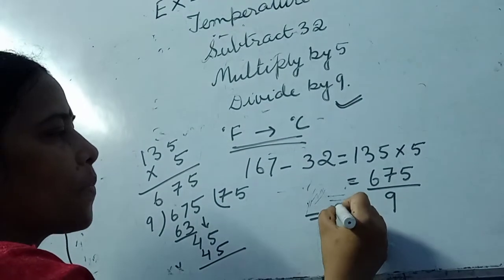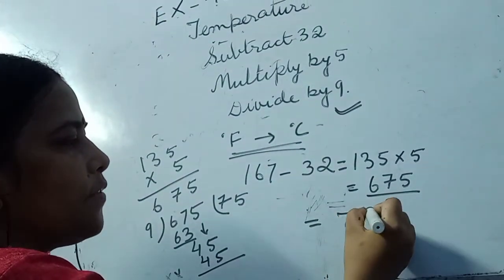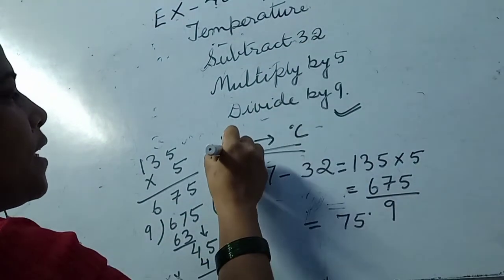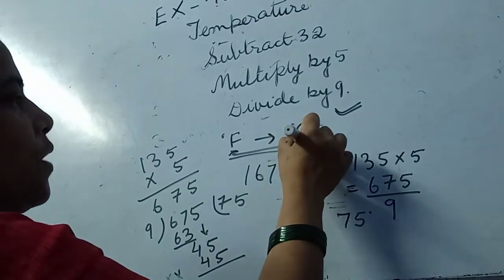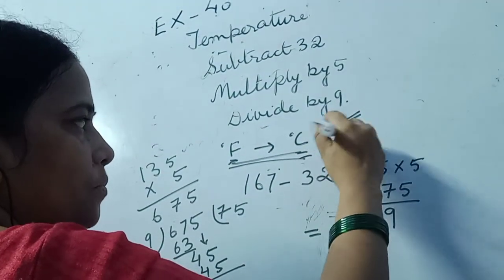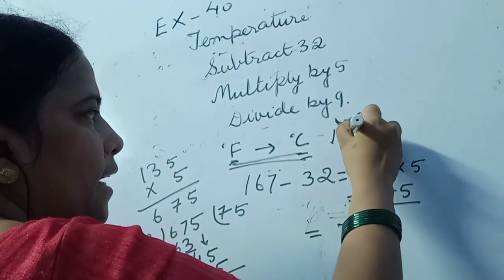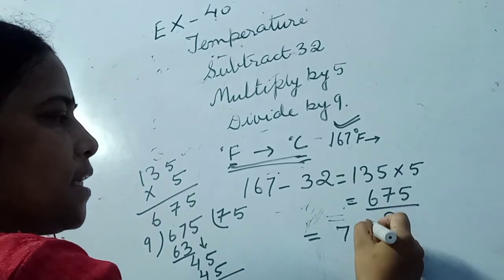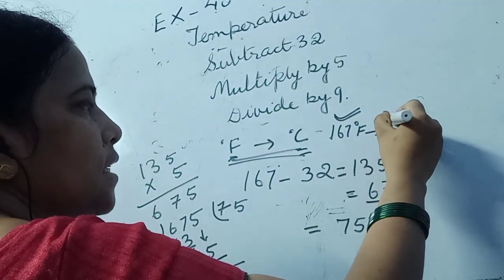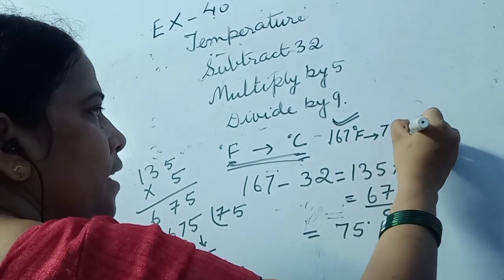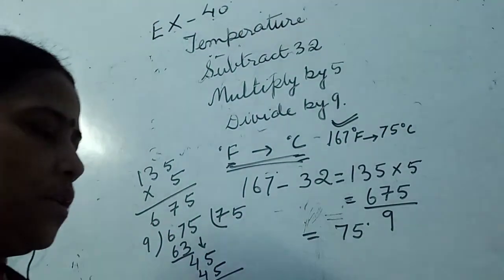So you will get 75. So when we convert 167 degree Fahrenheit into degree Celsius, you are going to get 75 degree Celsius. So do it.